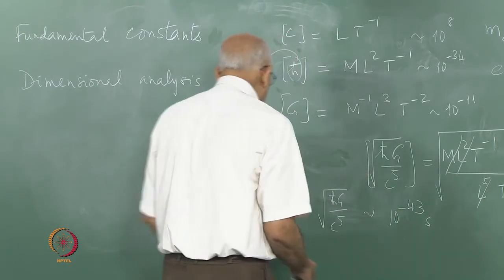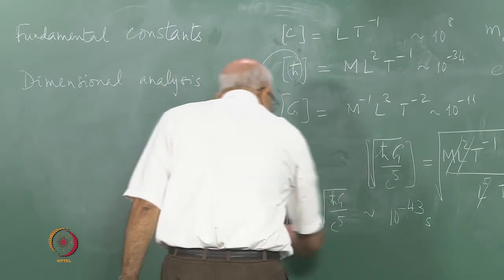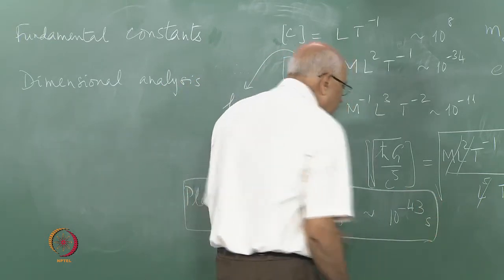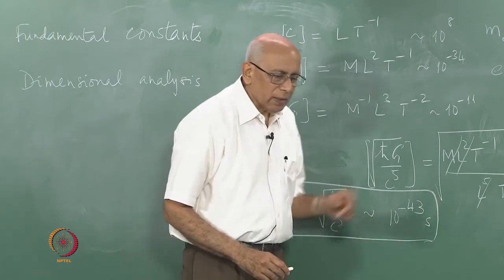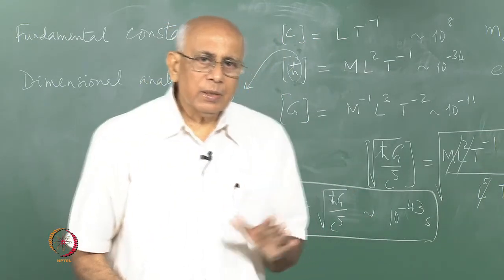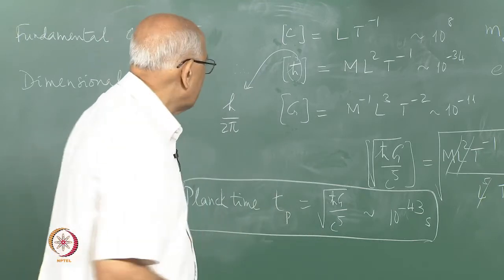So let us keep this in mind for a moment, that there exists a natural time scale in nature which is of the order of 10 to the minus 43 seconds, inconceivably smaller than any physical process that we are familiar with. Okay.